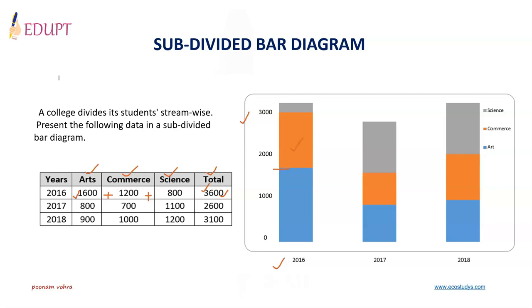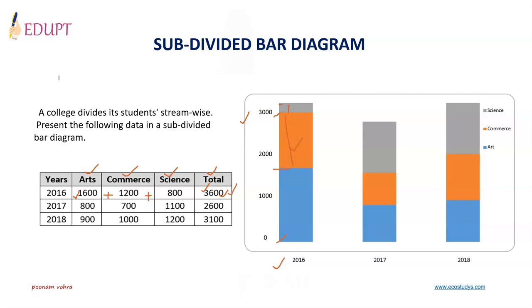So the orange component shows the number of students in commerce. But if you total these two from 0 till here, it makes 2800. Then science students are 800, which is gray in color. So the total of the three subcomponents is hence 3600.